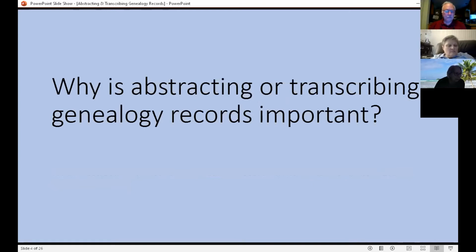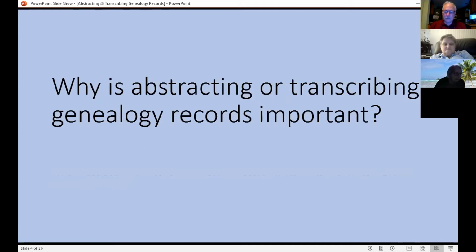Why is abstracting or transcribing genealogy records important? There's a lot of information within these records. Genealogy records could be a will, an obituary, a marriage record, a newspaper announcement for a marriage, a land deed.